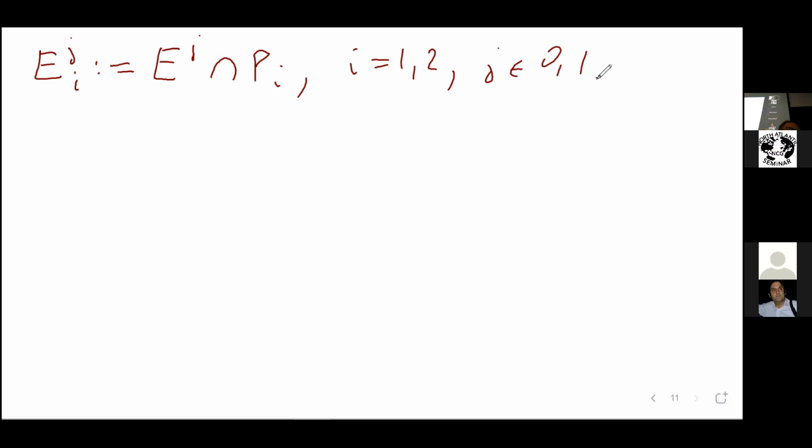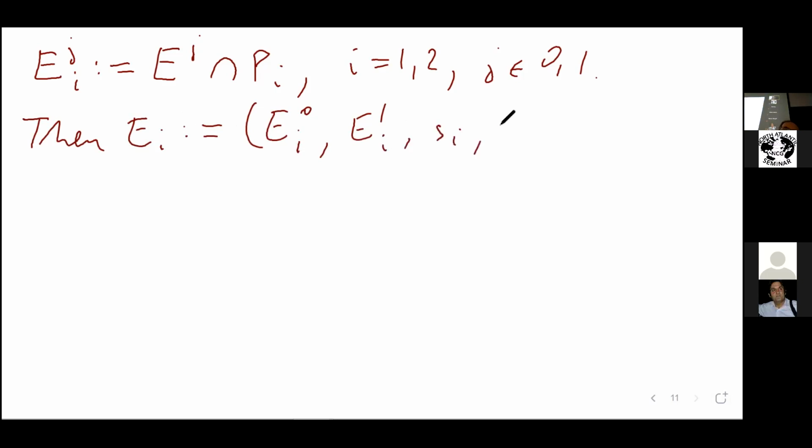And then I can define my subgraph E_i to be what? Well, it's E^0_i, E^1_i, S_i, T_i. Of course, i is all the time 1 or 2. Well, these are subgraphs.